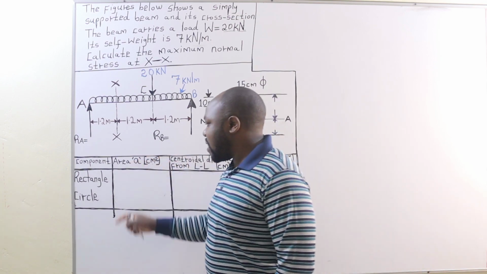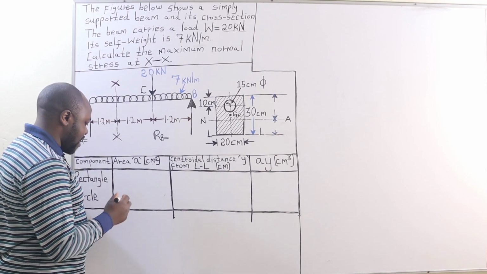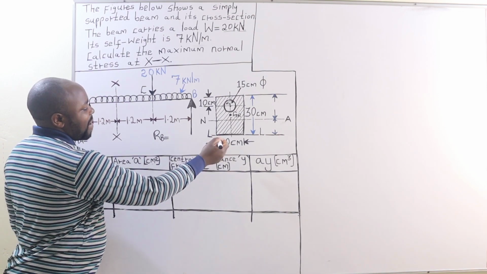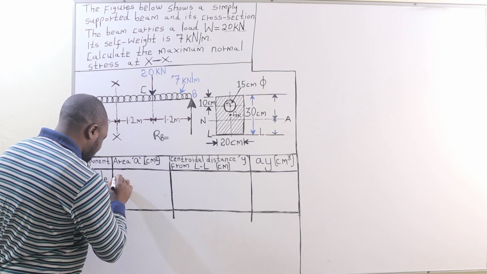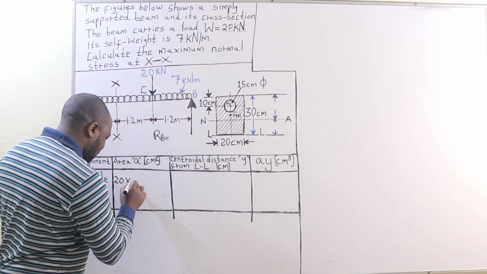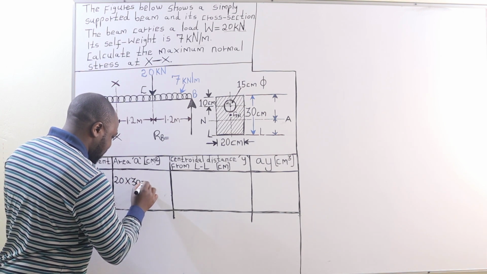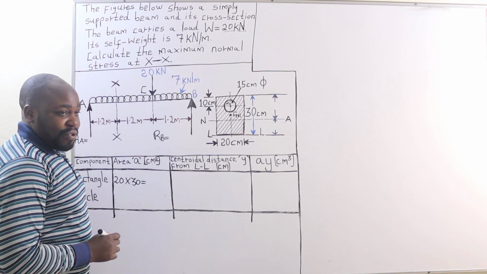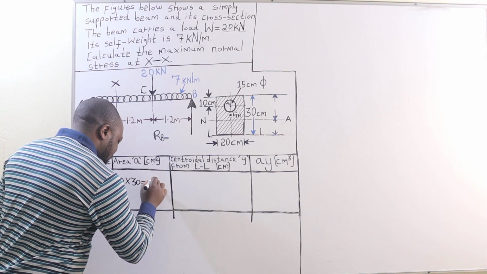Starting with the area, in this case the area of the rectangle is given by breadth times depth. The rectangle has a breadth of 20 centimeters and a depth of 30 centimeters. So 20 times 30 is 600.